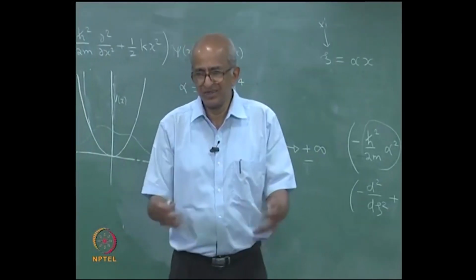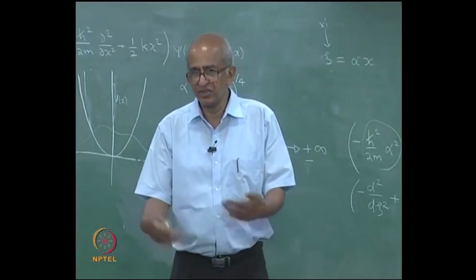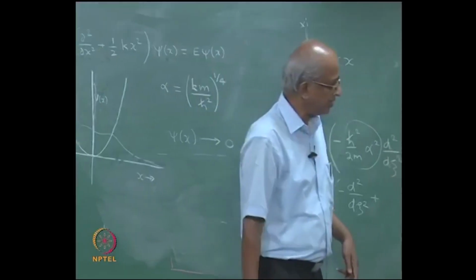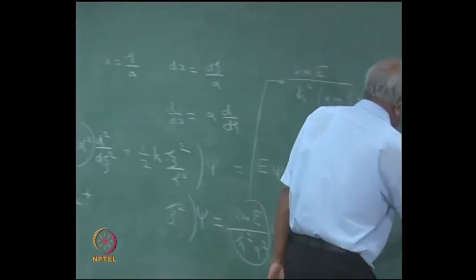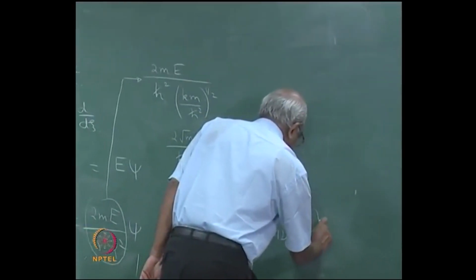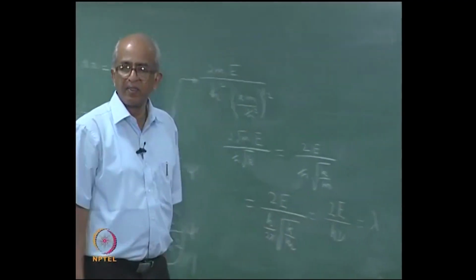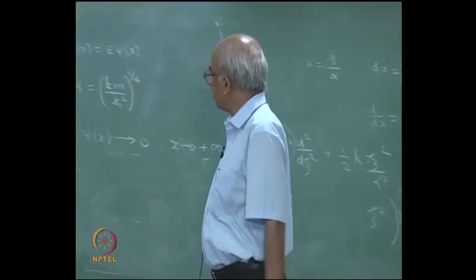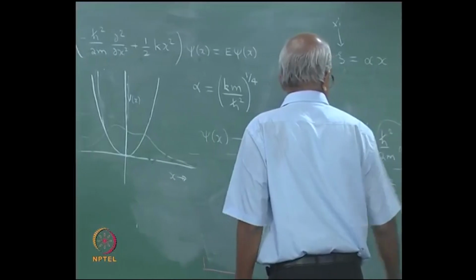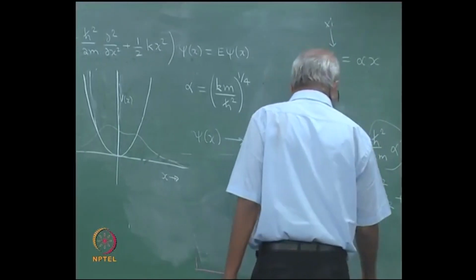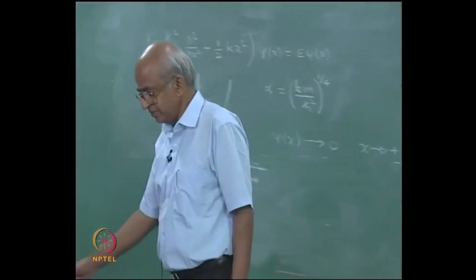Right, but then again writing 2e by h nu is tedious, and I have to write it again and again. So, what I will do is I will call this lambda. That saves me the trouble of writing this again and again.